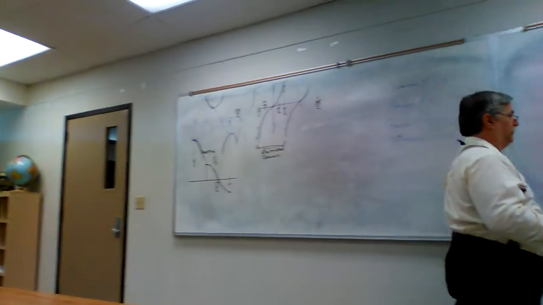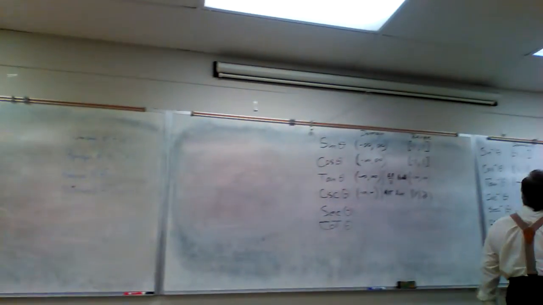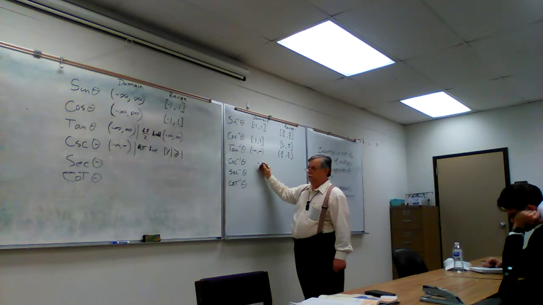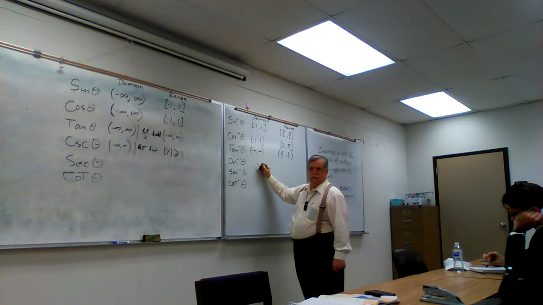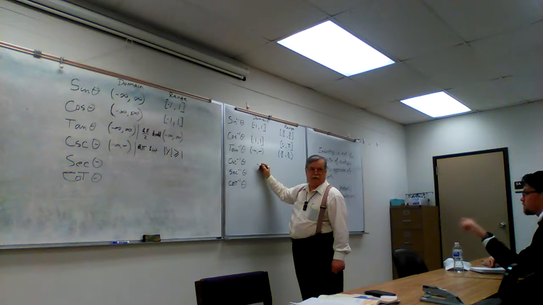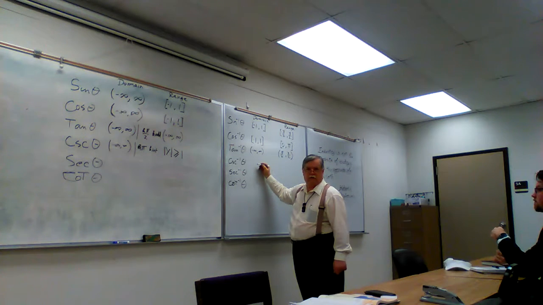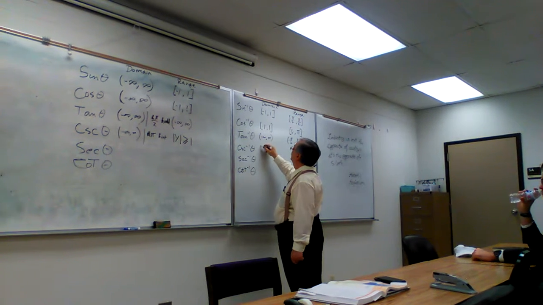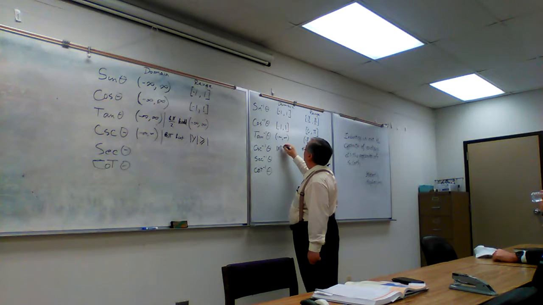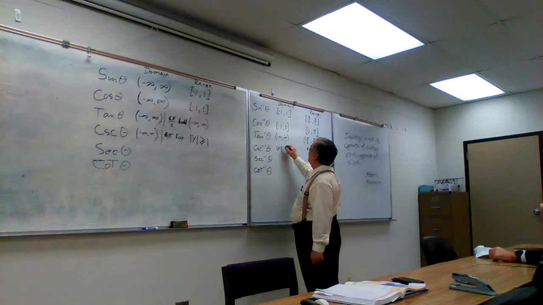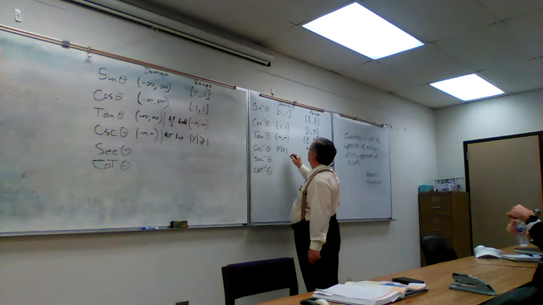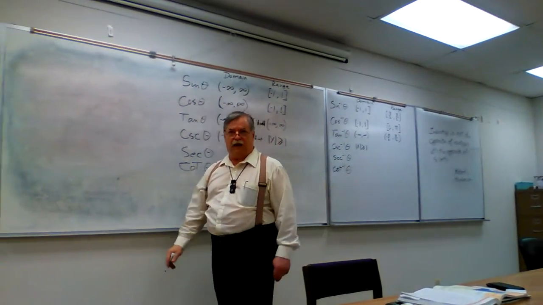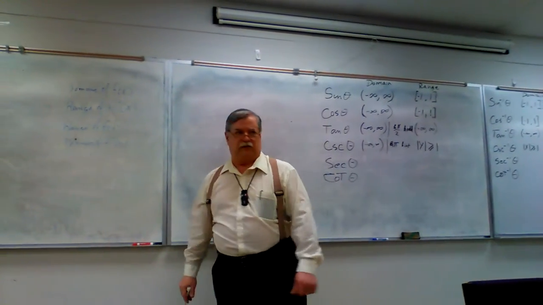So, what is the domain of the inverse cosecant? Exactly. Any value of x, the absolute value of which is greater than or equal to 1. That's the domain of the inverse cosecant function.